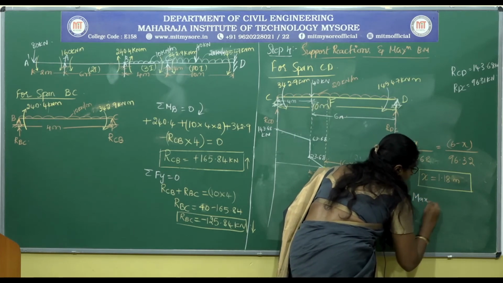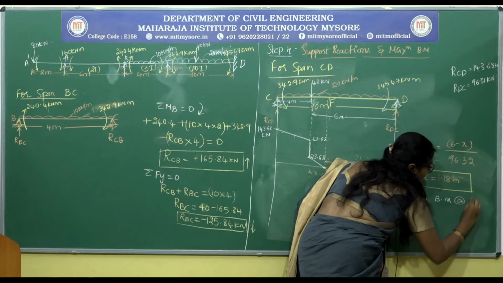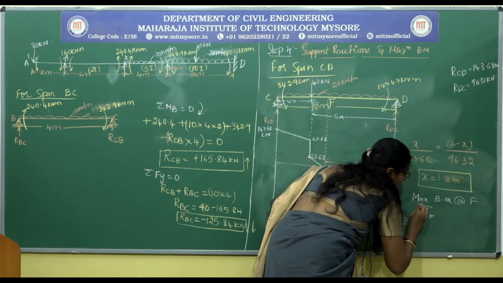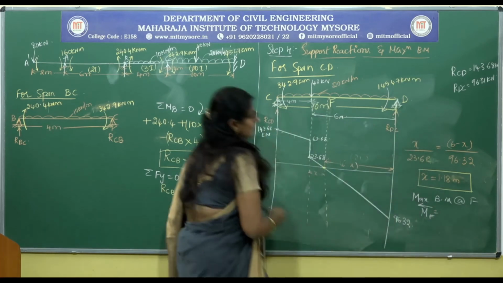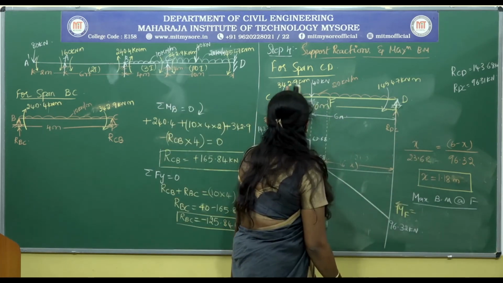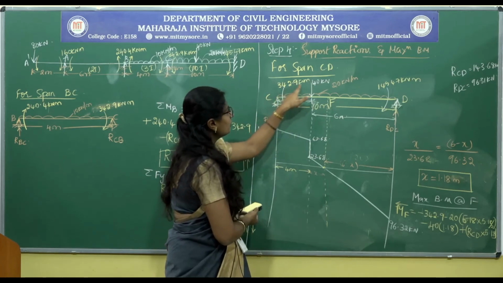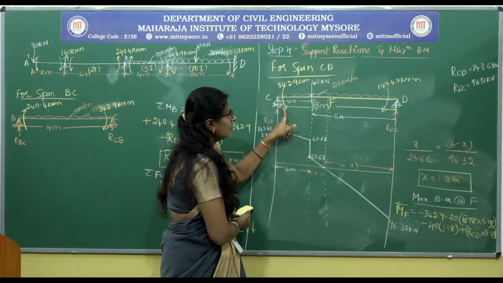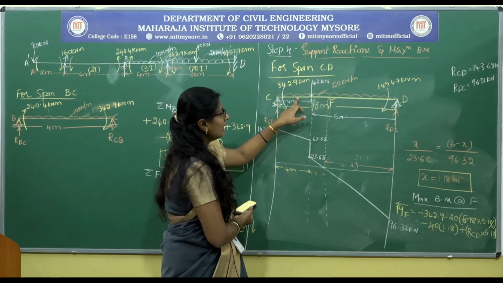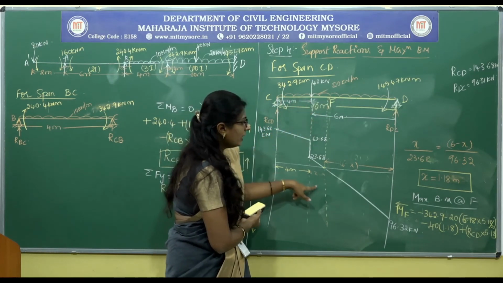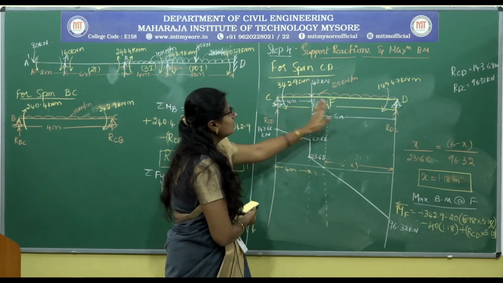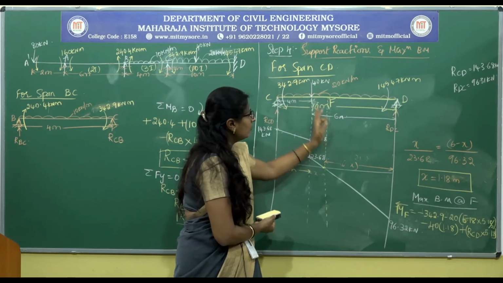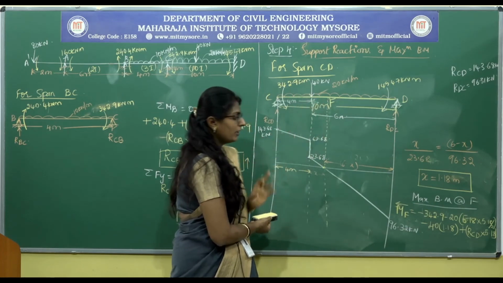So to calculate the maximum bending moment at F, moment at F when I consider towards the left support is equal to, we have 342.9 acting in the anti-clockwise direction, so it is taken as negative. Then UDL of 20 kilonewton acting at a span of 5.18, 20 into 5.18 into 5.18 divided by 2, minus 40 into 1.18.